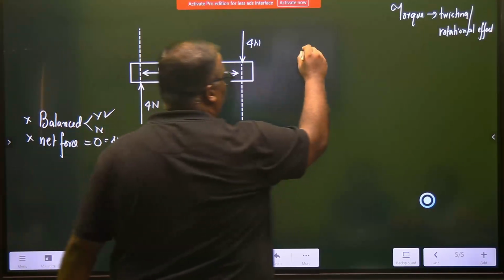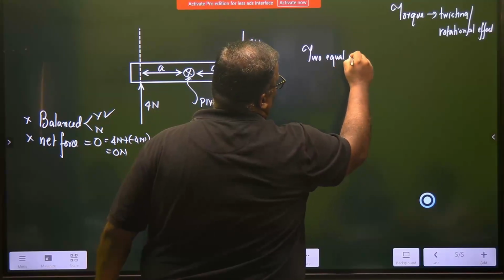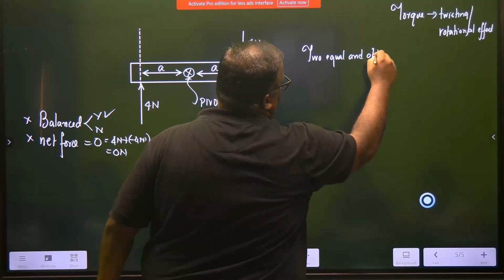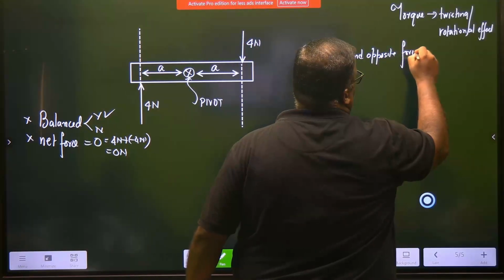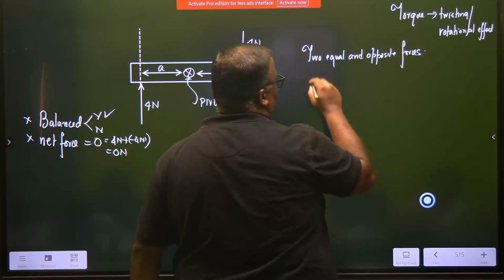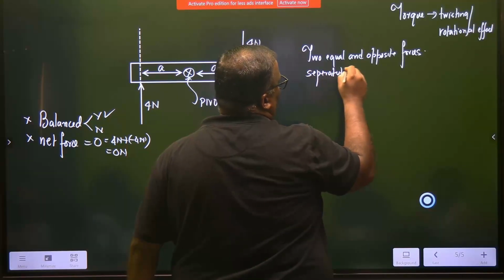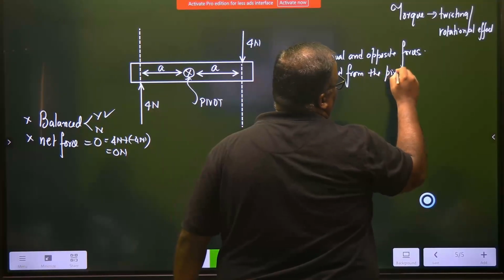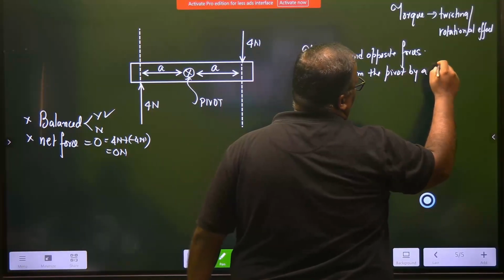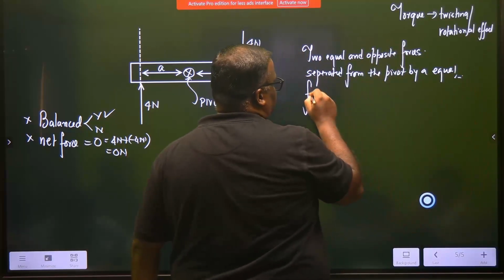We have two equal and opposite forces, separated from the pivot by an equal finite distance.